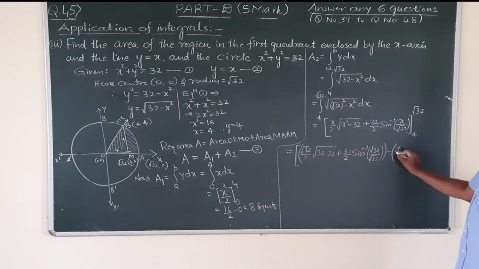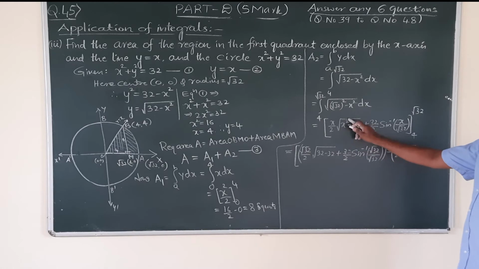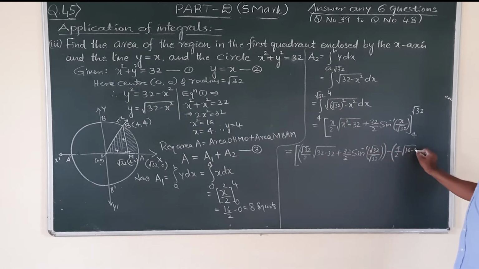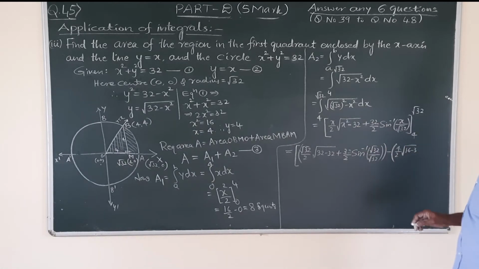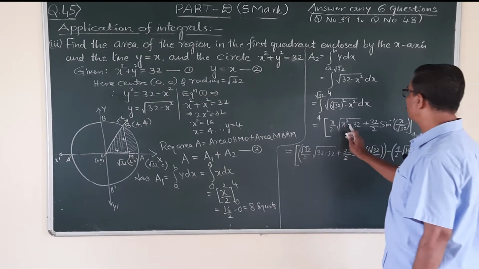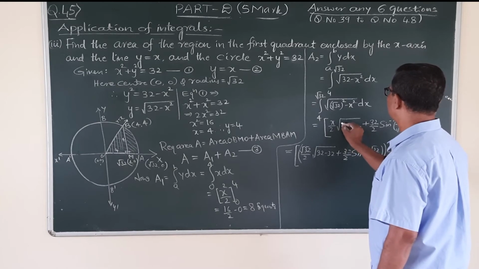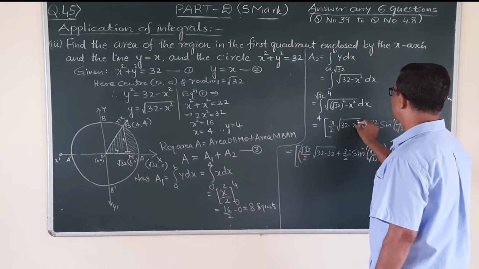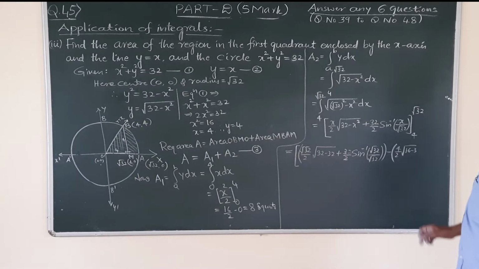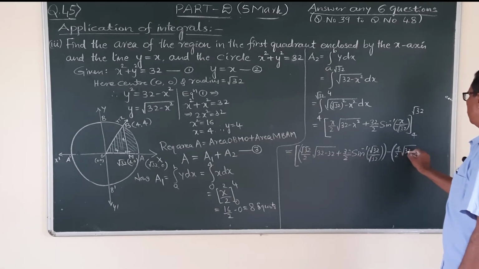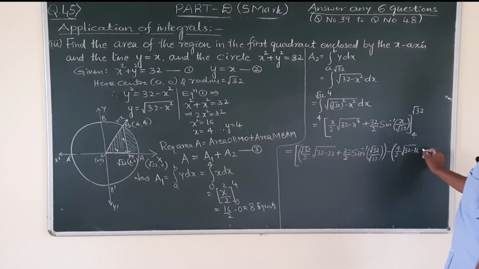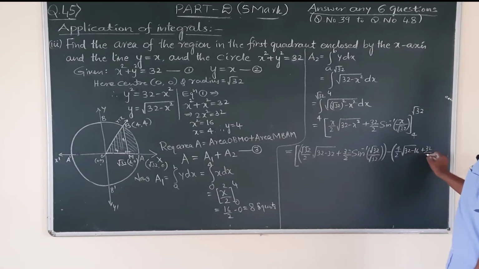With x value 4: 4 by 2 under root of a square minus x square, not x square minus a square, a square meaning 32 minus x square. Correct? Now 32 minus 4 square is 16, plus 32 by 2 sin inverse of the lower limit x value 4 by root 32.